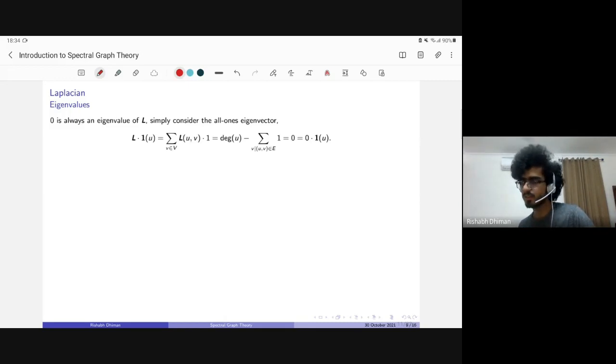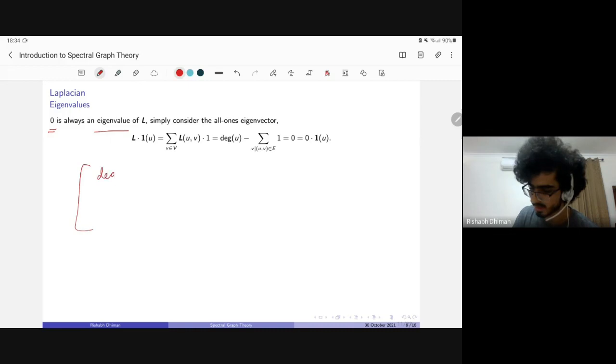Now, a nice thing you can show is that for any Laplacian, 0 will always be an eigenvalue. For this, all you need to do is consider the vector which has all one values.